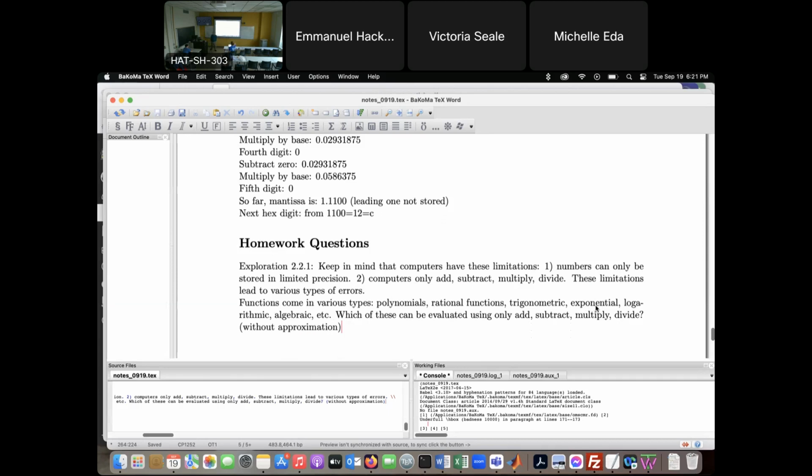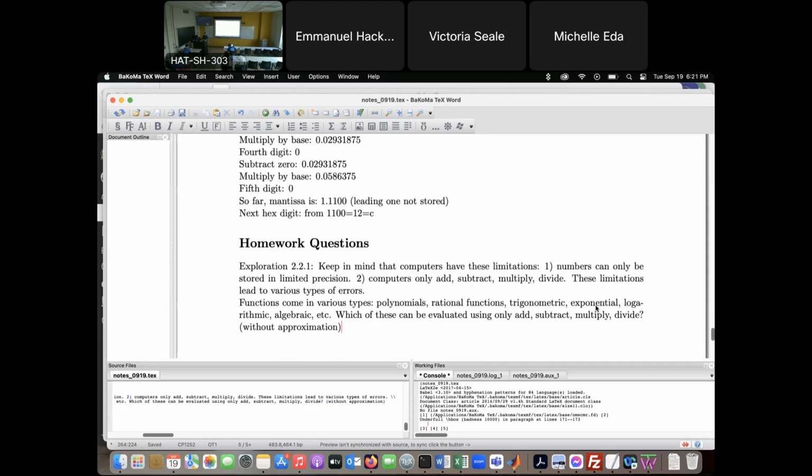No. You ask which of these functions can be evaluated using only add, subtract, multiply, without approximation. Take exponential: e to the x can be written as 1 plus x plus 1 half x squared and so forth. The problem is that goes on infinitely.